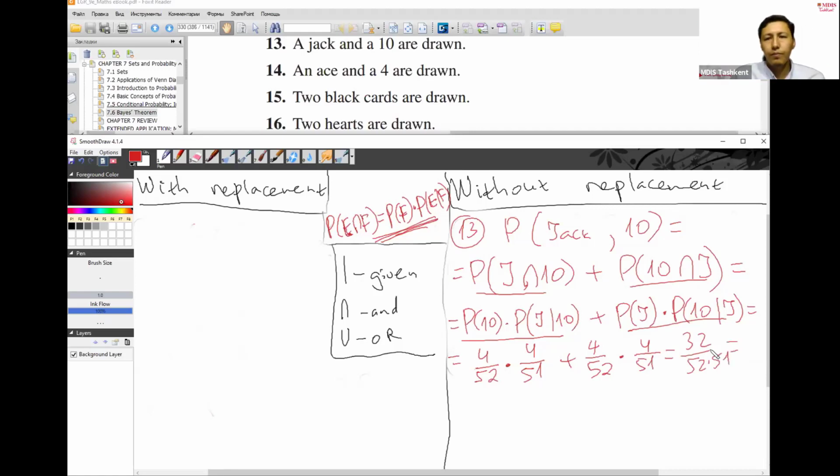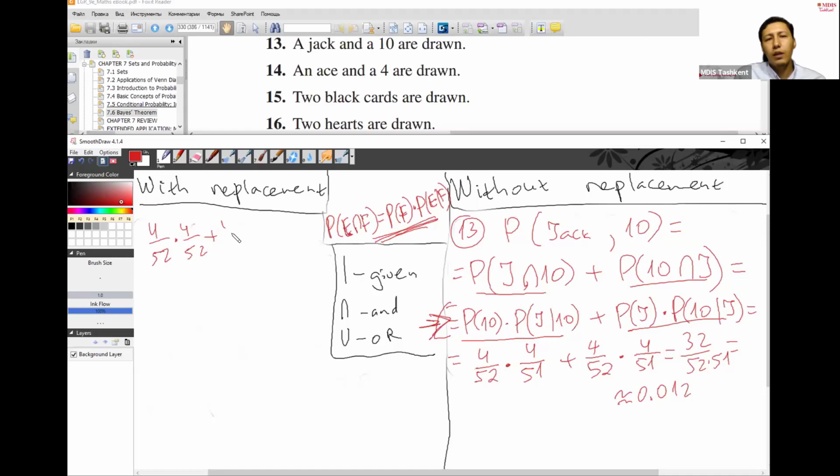That's equal to 32 divided by 52 times 51. That's approximately 0.012. If with replacement, you write 4/52 times 4/52, until here this one will be the same, but then it is with the replacement, so you replace it back and nothing changed.